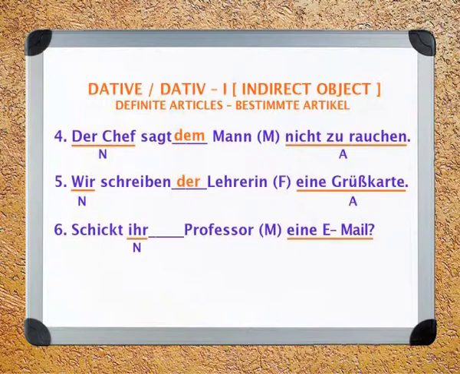What? That becomes the accusative, the direct object, and to whom it is sent, that person becomes a dative, the beneficiary, and here we have the noun, that is Professor, and we have the article der Professor because it belongs to the masculine gender, and you know that der becomes dem in dative.